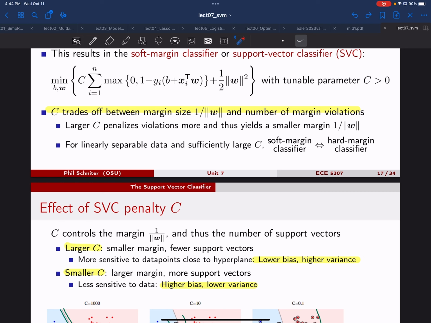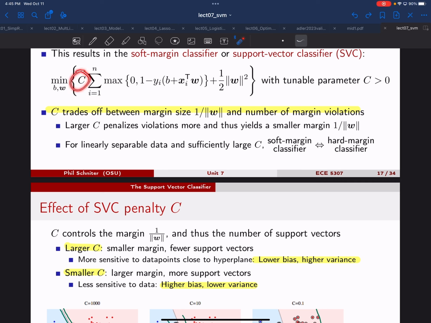Meanwhile, because this is relatively small, when you do this optimization, it's focusing on making this very small. And as the norm of W gets small, that means the street gets wide. So that wide street is because this optimization really focused on making this small, which made the street wide, and it said, oh, I don't care if there's a lot of violations. That's not what's important to me, because what's important is the combination of these.